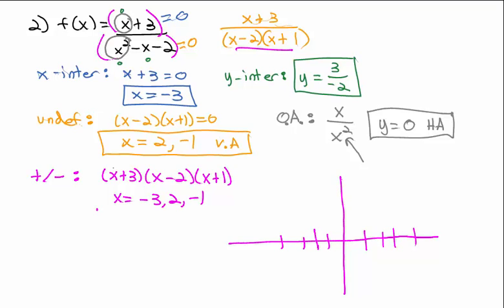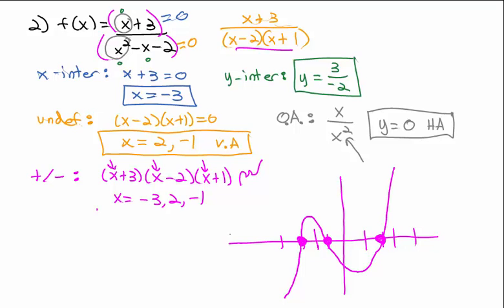If we multiply this out, we've got x times x, which is a positive x cubed for the leading coefficient. So we know the shape is going to come up and out, putting our intercepts at negative 3, 2, and negative 1. It's going to come up, bend, and up. Remember, x cubed, if it's positive, starts in the bottom left.